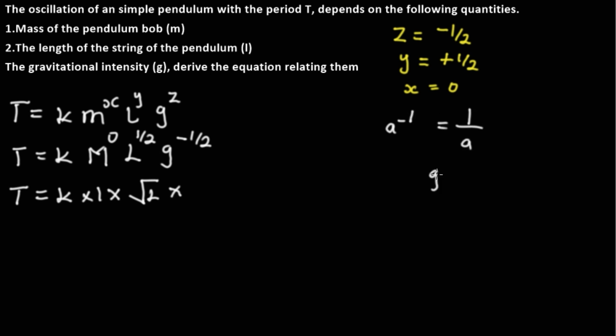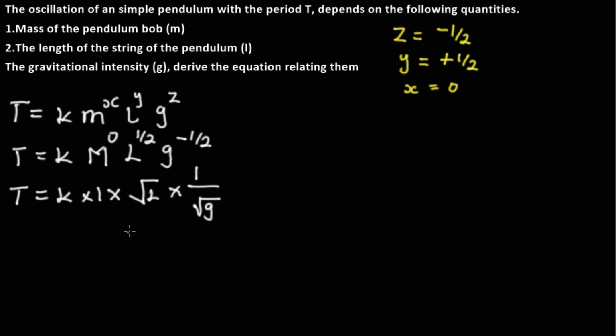So when we have g raised to power minus 1 over 2, it gives us 1 all over g raised to power half. Cool. So these principles we're going to be using here. On applying that, we're going to have this times 1 all over root g. Remember, the power half is the root.